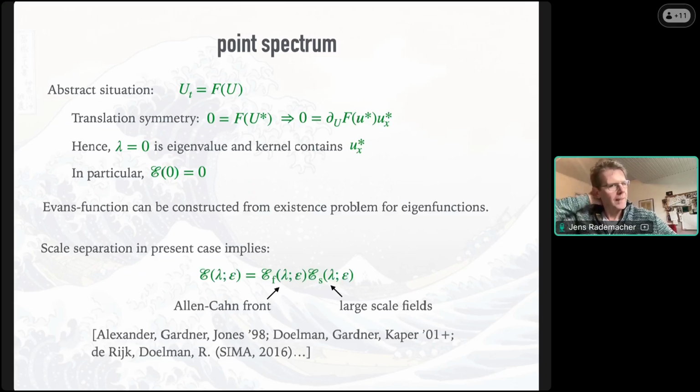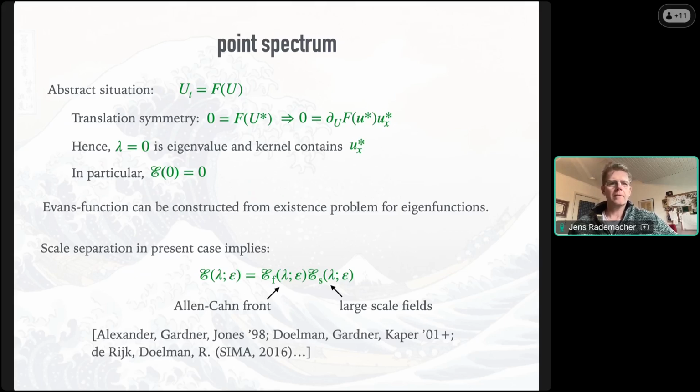And then, how one actually does it in general, I won't go into too much detail. Let me just formulate it like this. One tries to write the existence problem for eigenfunctions in a suitable way so that one has such a determinant-type relation. One way to do it is with exponential dichotomies.